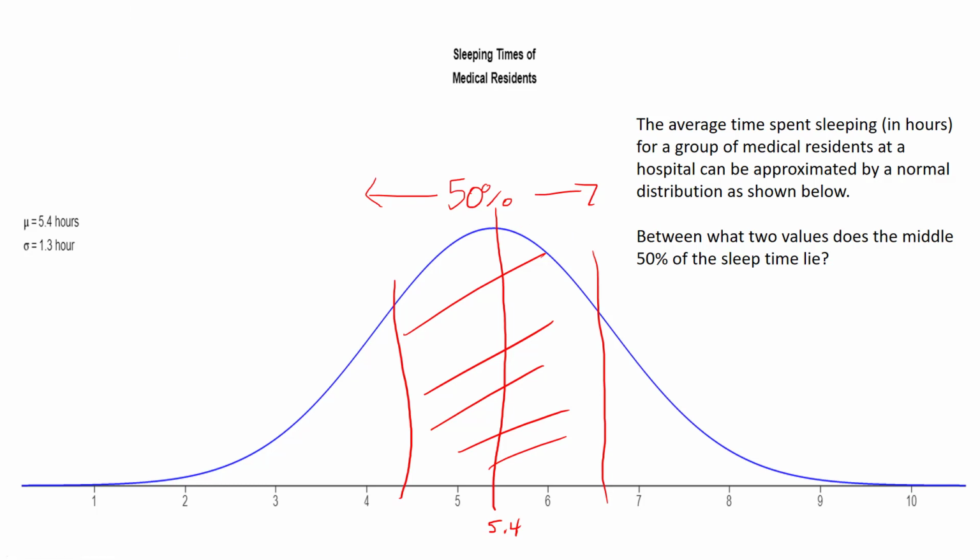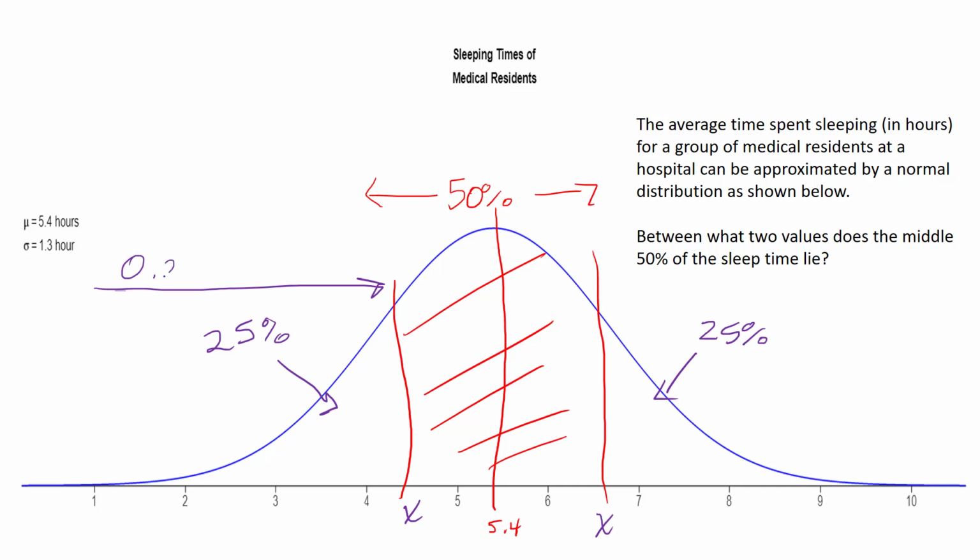Well, because this curve is symmetric, and that's very important, you're going to see why in this problem, half of it has to be on this end, in other words, 25%, and the other half on this end, 25%. All right, so we're once again going to be solving for these X values, a lower X and an upper X. So looking in our table, we're going to be looking for the Z value closest to 0.2500.